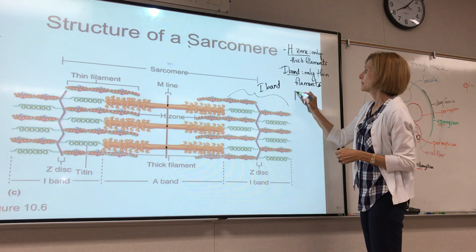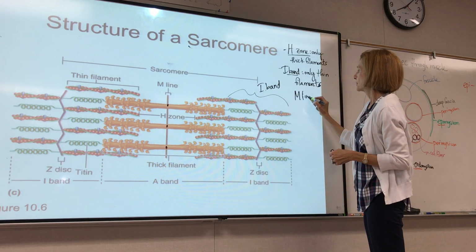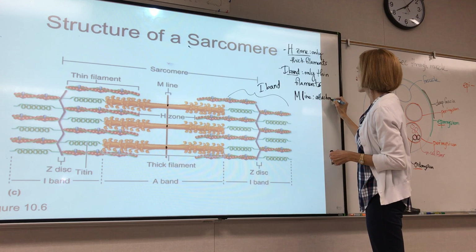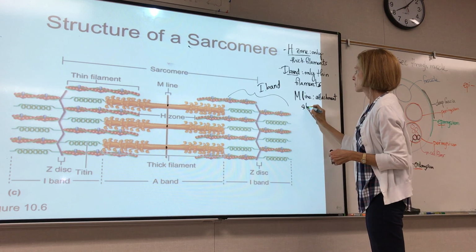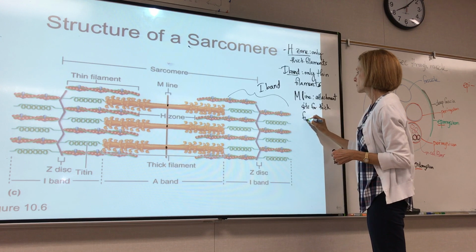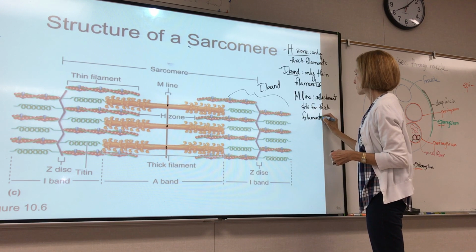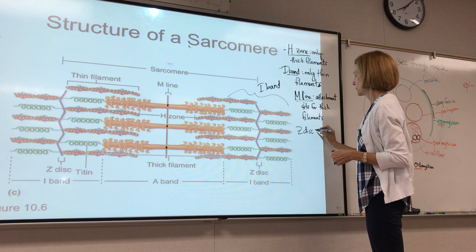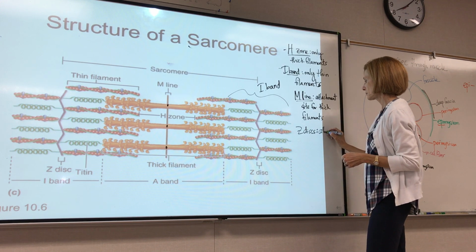So the M line is the attachment site for the thick filaments. The Z discs are the attachment site for the thin.